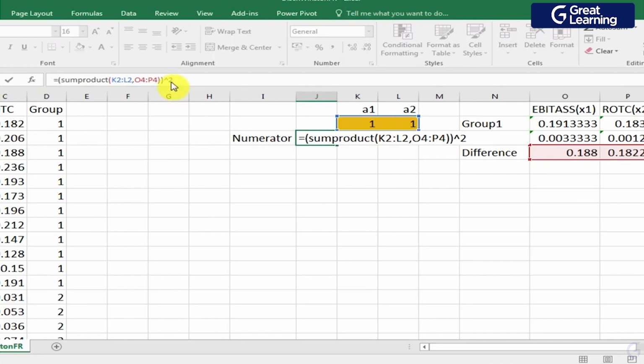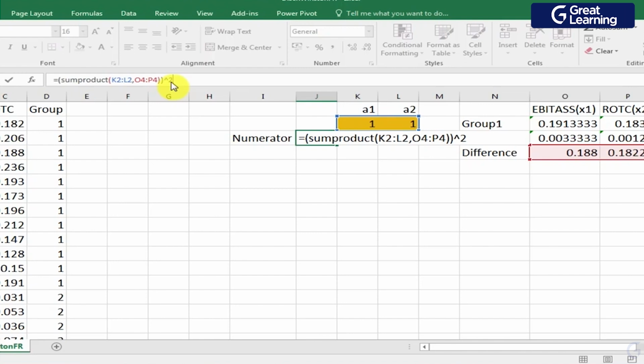Let me explain this to you. Some product will give me that expression, but I have to square it, Z1 minus Z2 whole squared. Therefore, I put another outer bracket. Am I correct? One more bracket I put here, outer bracket.